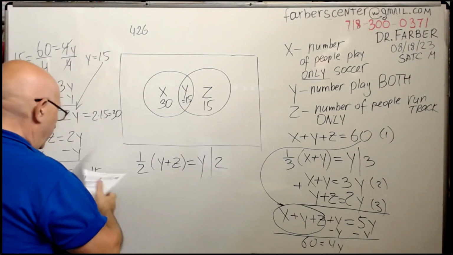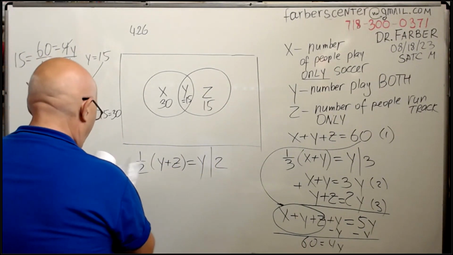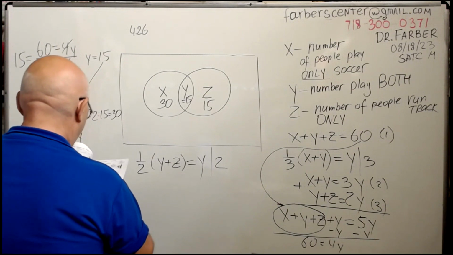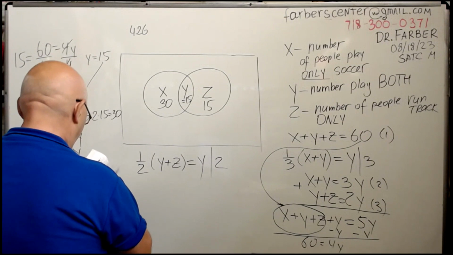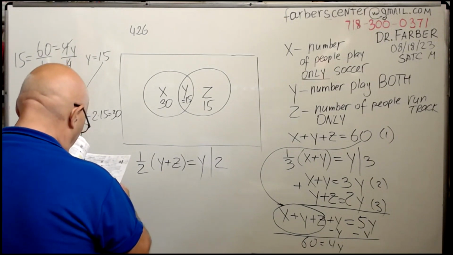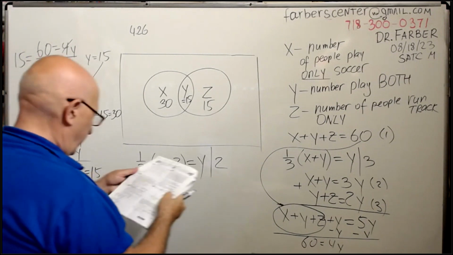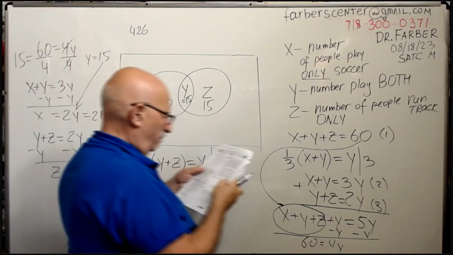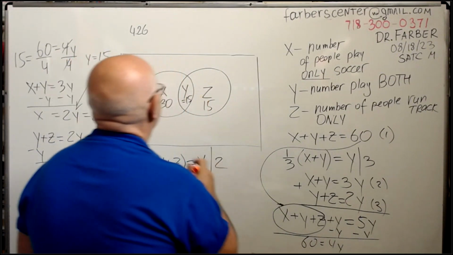Now, if you look at multiple choice, I already closed it during my explanation. They said, look at multiple choice options. The number of soccer playing. What is soccer playing? X. This is soccer.